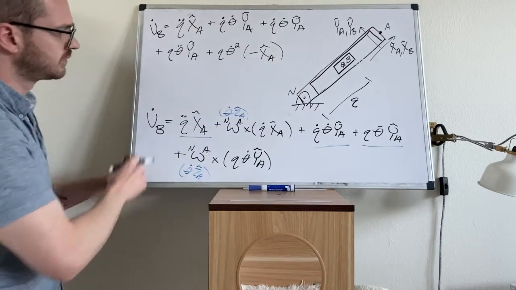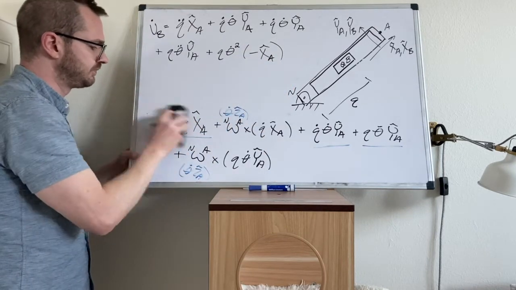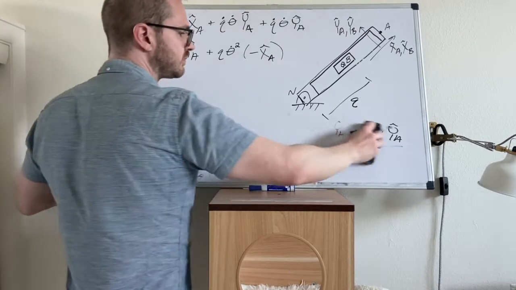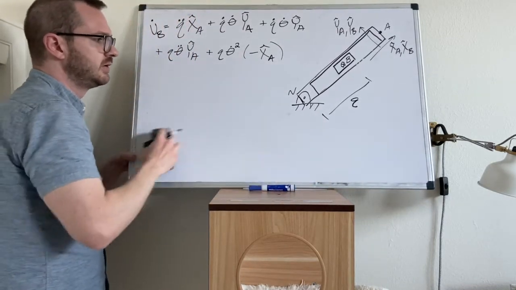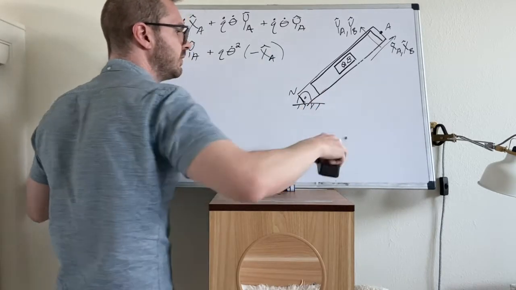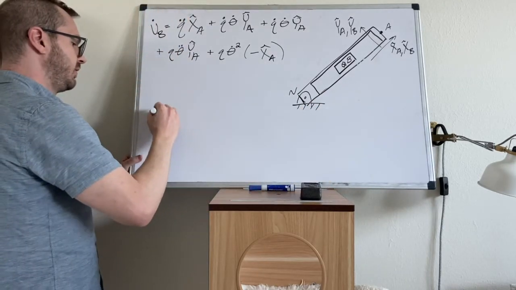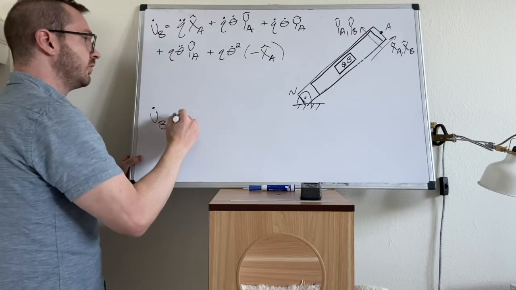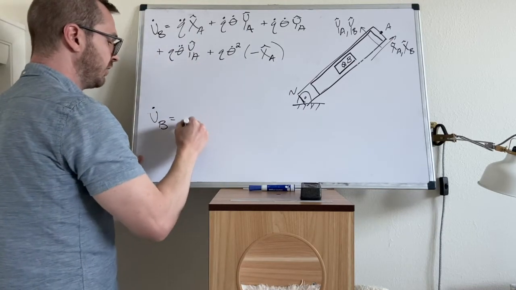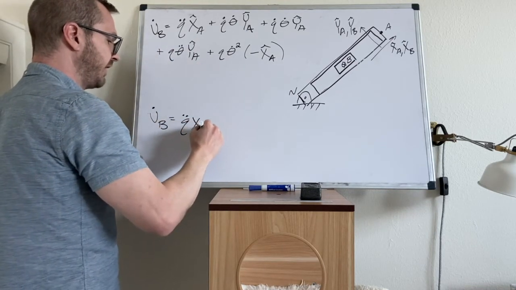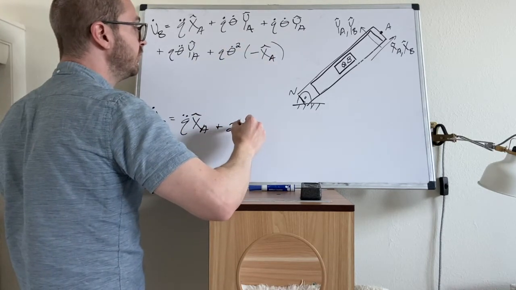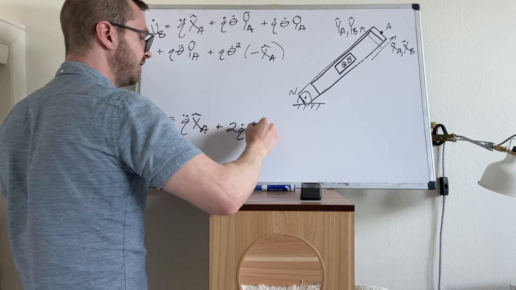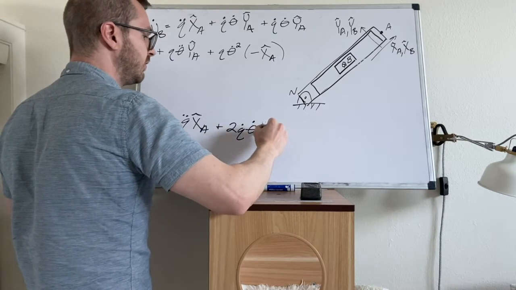Okay, so let's erase this one on bottom, and let's clean that expression up a little bit. VB dot equals, I'm going to bring Q double dot down, X hat A. I'm going to combine these two together, so 2 Q dot theta dot YA.